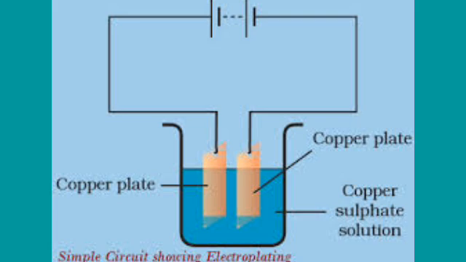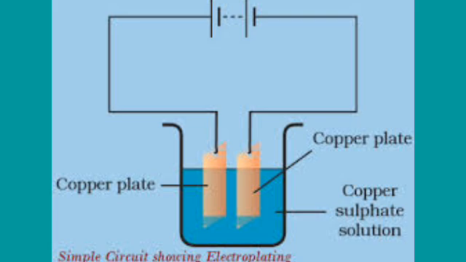This is called chemical effect of electric current. When electric current is passed through the solution, the molecules of the solution decompose into positive and negative ions. This is called electrolysis.